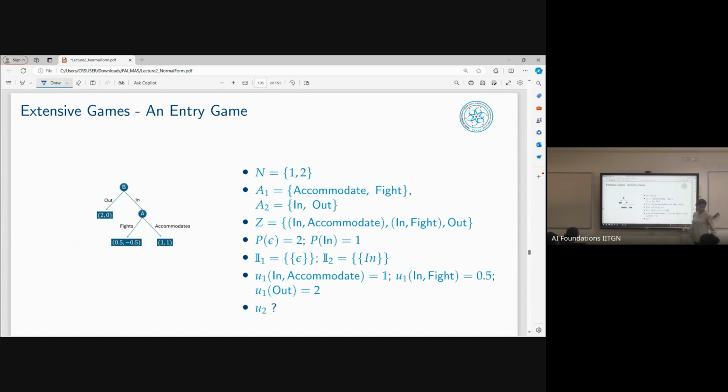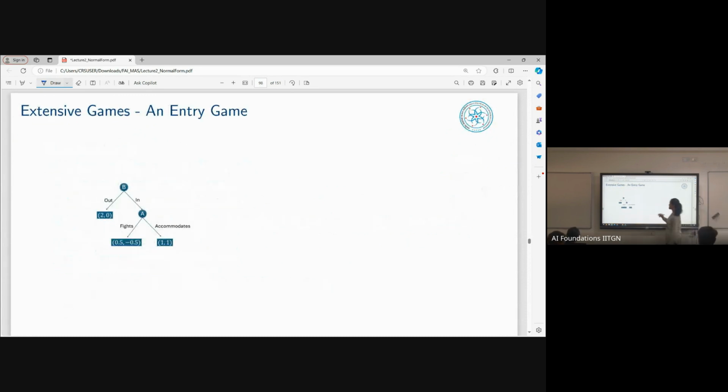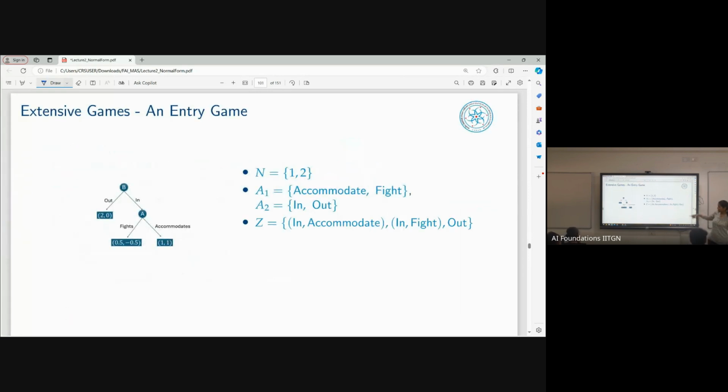So here what you are trying to say is you have a B. B takes 2 actions, out and in. After in there was A. What you're saying is after out there is a C. So do you mean in this P or in the Z?